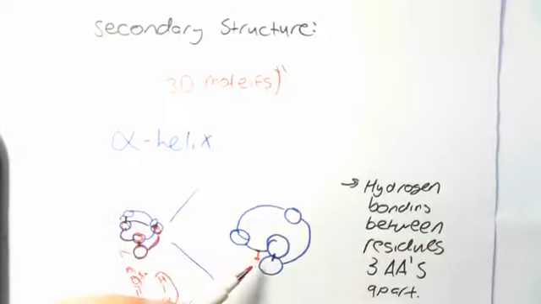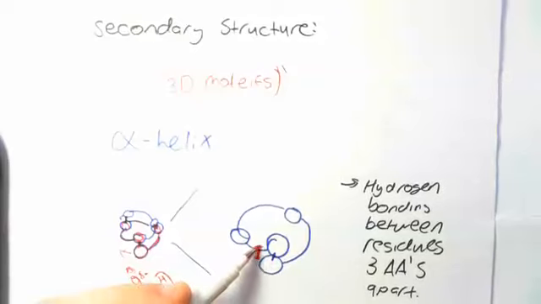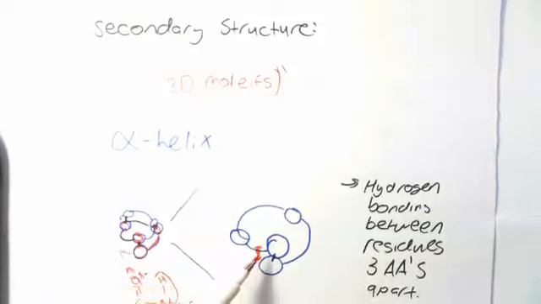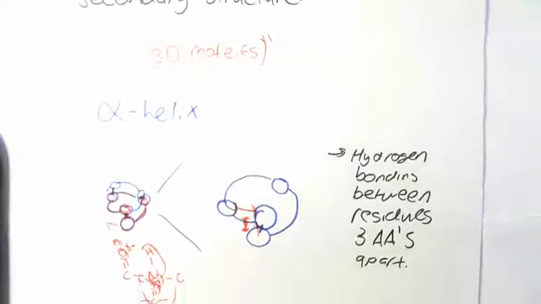And I've tried to magnify a bit. The alpha helix actually has characteristic bond lengths between atoms, and hydrogen bond lengths, so like spacing between layers, and you don't have to memorize those, but they're important parameters researchers use when investigating the structure of proteins.